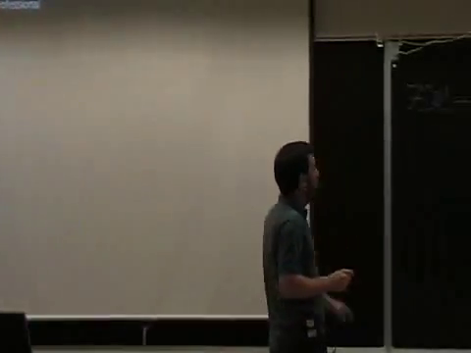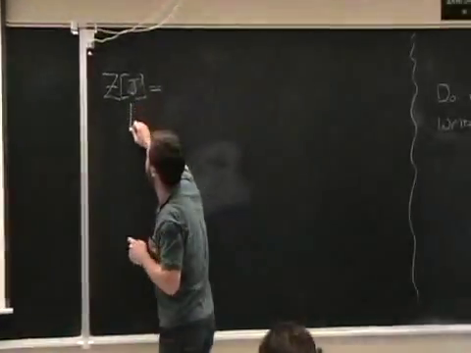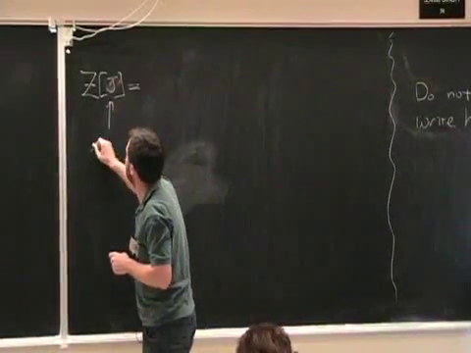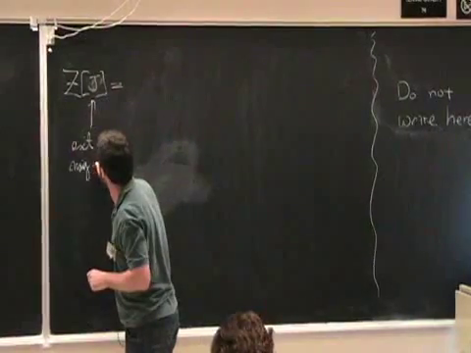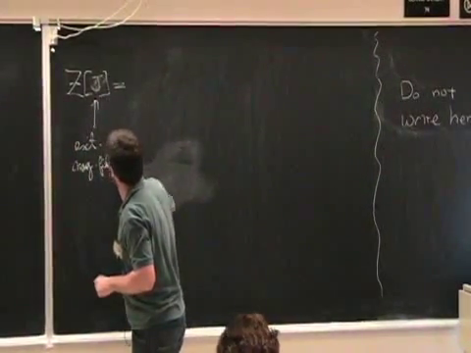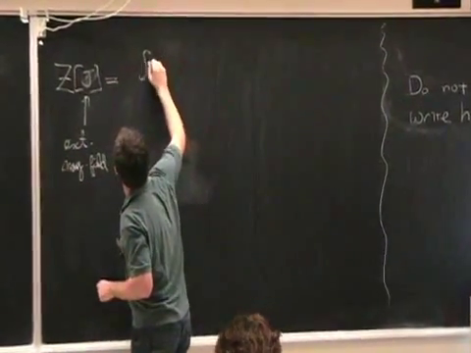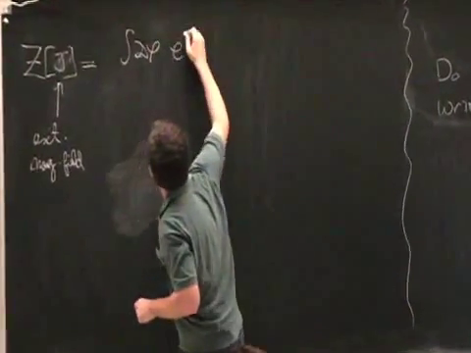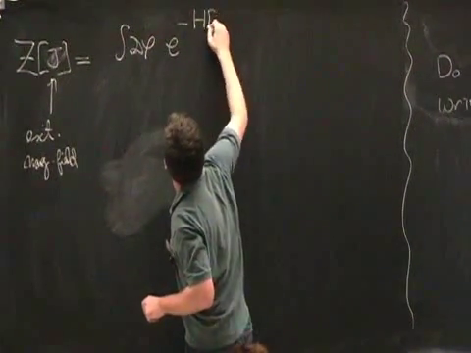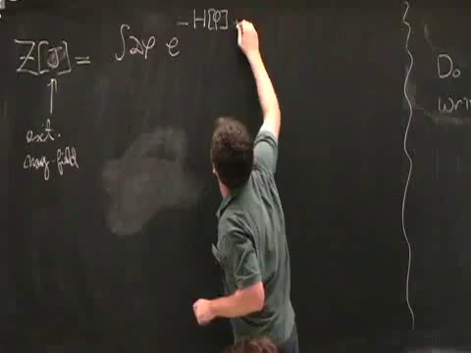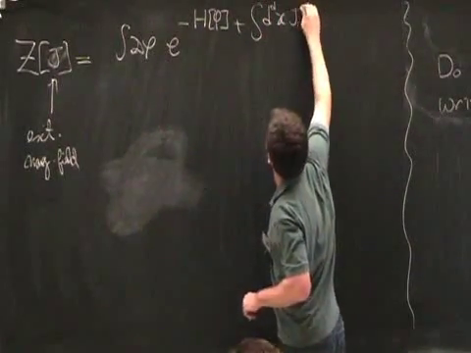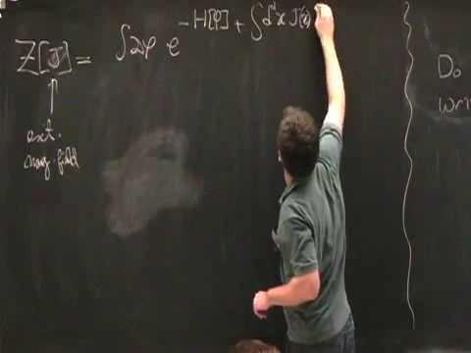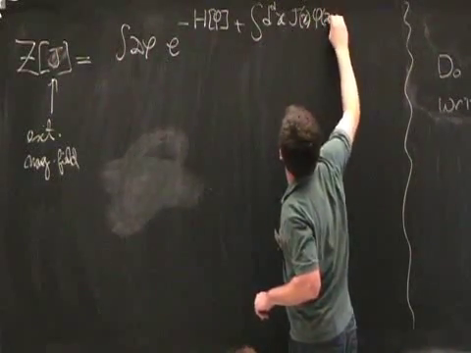And here J is an external magnetic field. But don't care too much about that. The important point is that you modify your effective Hamiltonian by a term that is local and linear in the field. Okay?